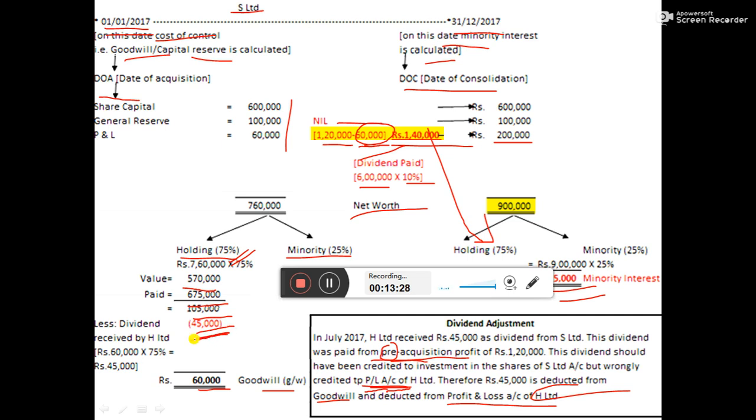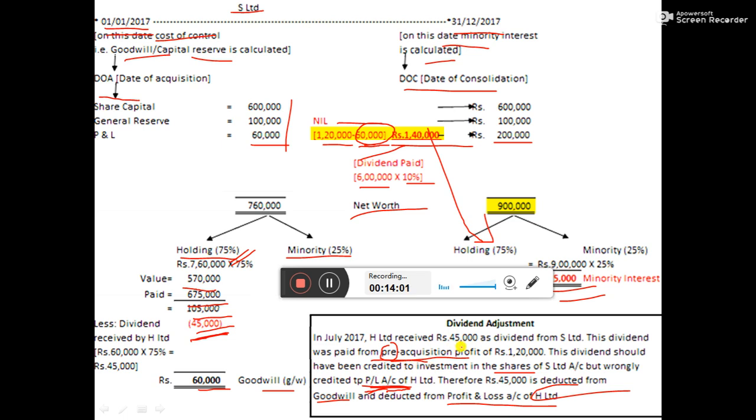Whatever answer you are getting, it will be deducted from goodwill or capital reserve, and the dividend which is issued will be deducted from profit and loss account as on the date of acquisition, but it will never be credited to profit and loss account of holding company. But it is mentioned here that it is credited to profit and loss account. It is wrongly credited, that's why it is deducted. Same 45,000 will be deducted.